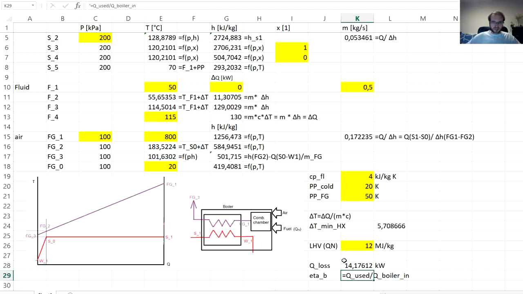Now we know that the heat that we use is the 130 kilowatts.